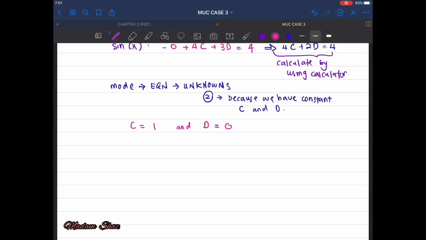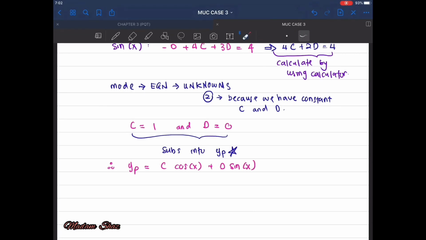So what should you do with the value C and D here? You have to substitute into YP star. So therefore, our solution for the YP is equal to C cos x plus D sin x.